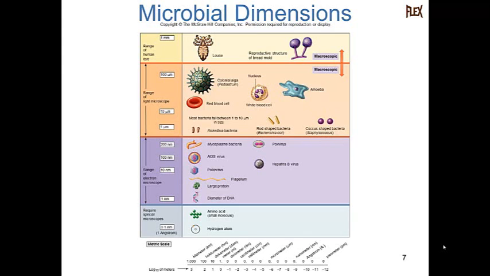So the blue row, the very bottom, we're going to start small. We start with 0.1 nanometers, and that's close to the size of a hydrogen atom. So we go up a little bit and we have an amino acid, a very small molecule. When we get to 1 nanometer, we can see DNA. We can see a large protein.